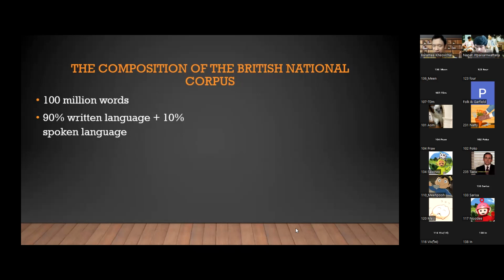But for spoken language, you have to record people talking, and then you need to transcribe, to write what they say in a file. That is more complicated and more time consuming.